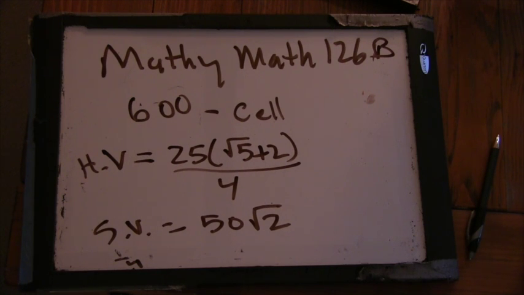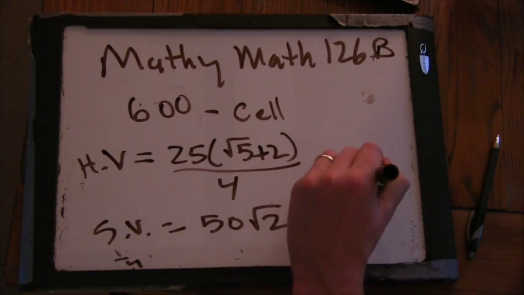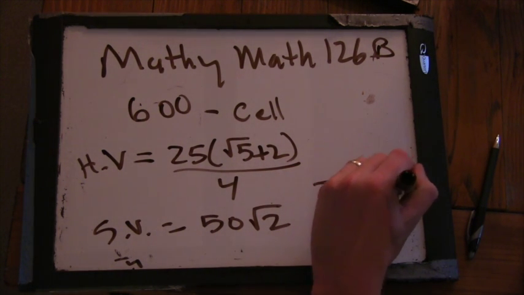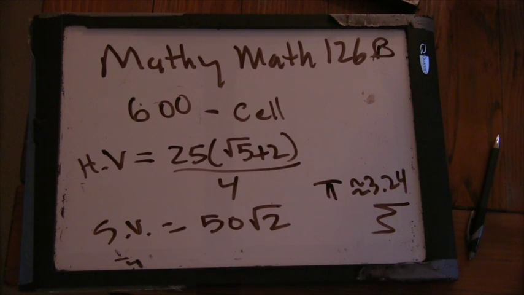And 50 times the square root of 2, that's the 600 tetrahedrons. And when we compute our formula for pi, we get pi for this is about 3.24. So, much closer too. Yeah, so this is a shape that in 4 dimensions must be pretty spherical.